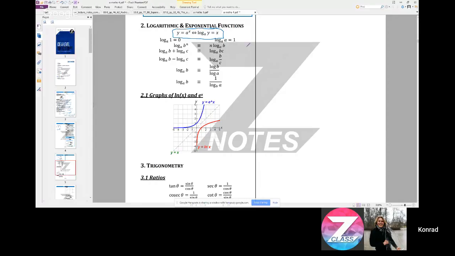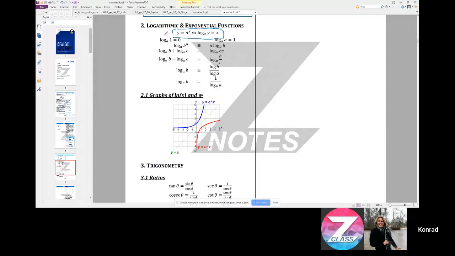And I said that I would argue the best way to think about the log function is asking a question, right? And that question is, if I say a to the power of what is y, I'm asking, what power do I need to raise a to get y?